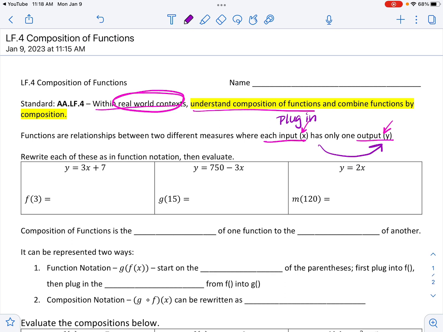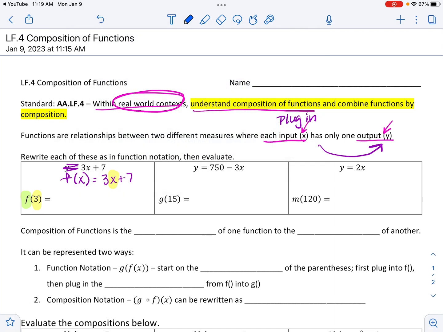First thing, I'm going to rewrite them as function notation. So this one needs to be an f. The easiest way to remember is we get rid of our y and replace it with f of x, which is 3x plus 7. Then to evaluate it, you take the number that is inside the parentheses and you plug it in everywhere you see an x.